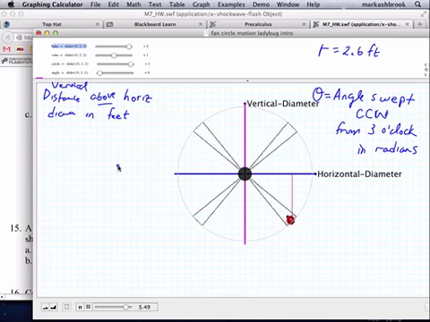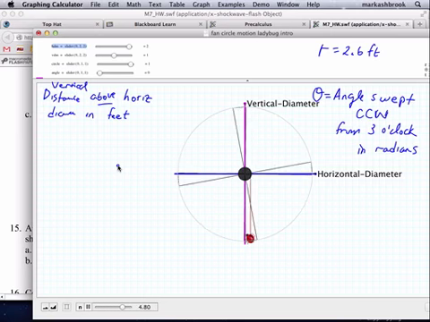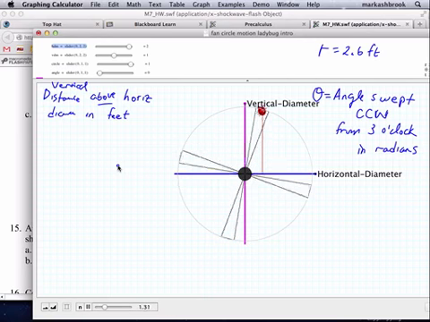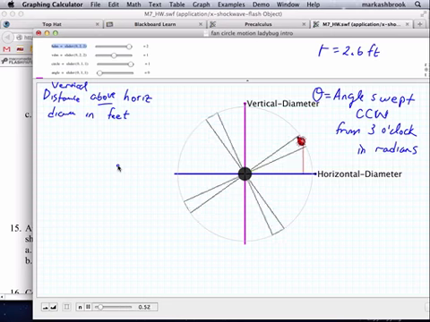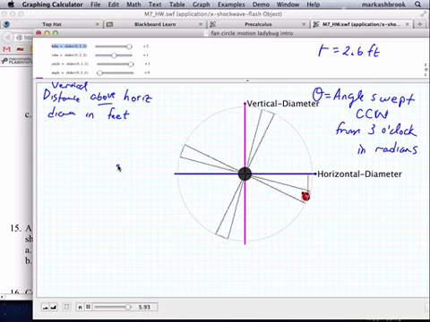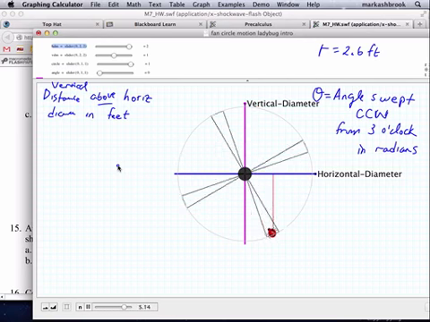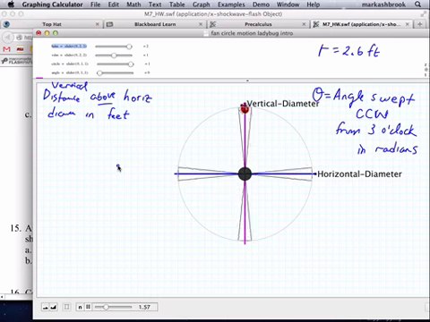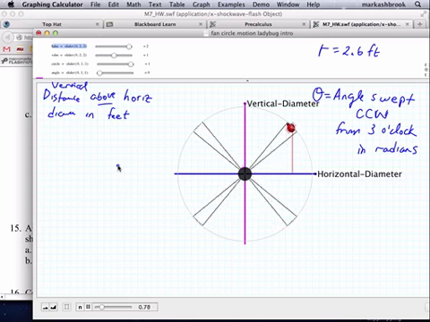So what's the maximum value that quantity can attain? The vertical distance above the horizontal diameter in feet. What's the maximum value that quantity can attain? I heard some different things there. If the quantity is the vertical distance above the horizontal diameter measured in feet, what's the maximum value that quantity can take on?